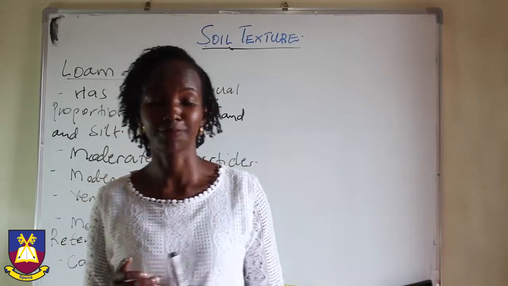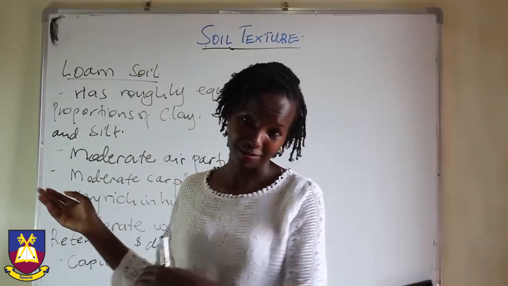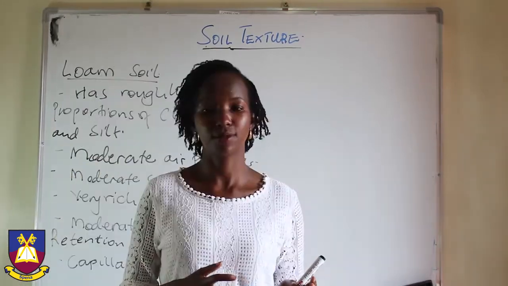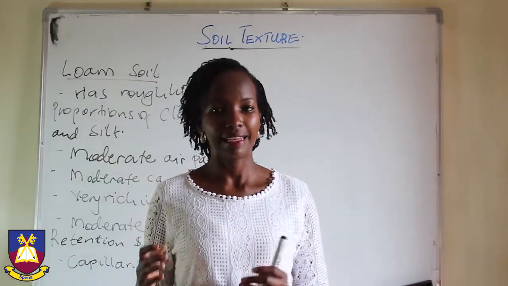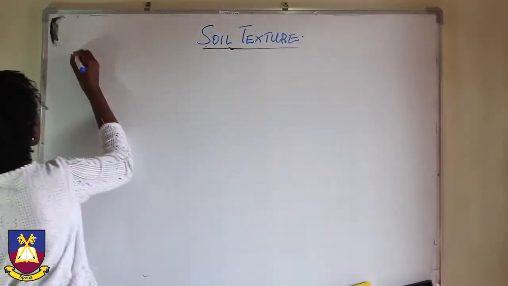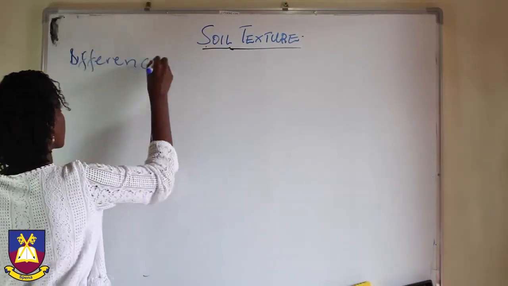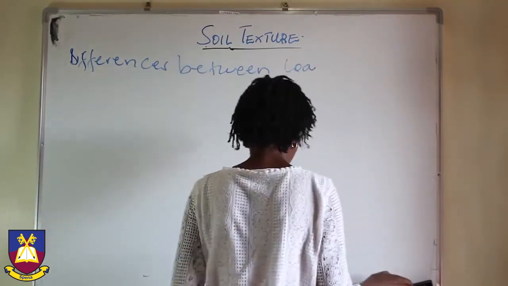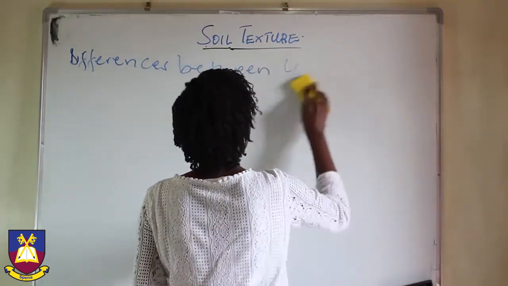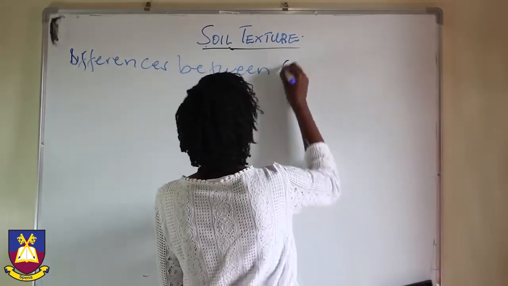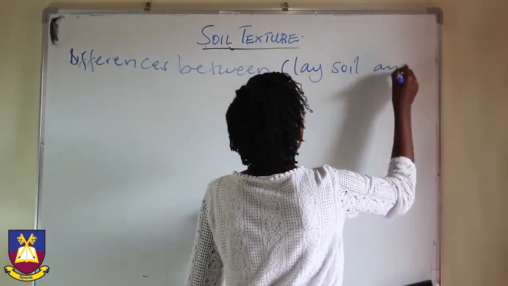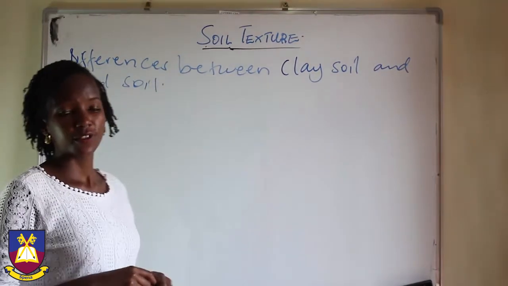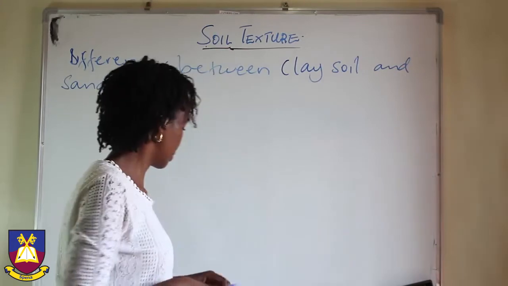That is to say, the one that has very huge particles and the one that has very small particles. That is clay soil and sand soil. Do these differences in form of a table.